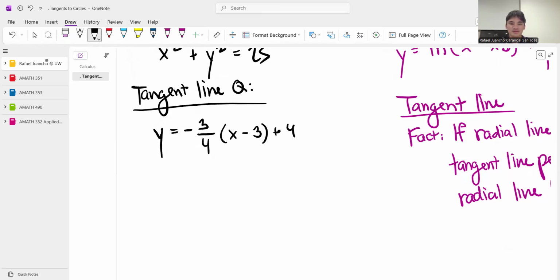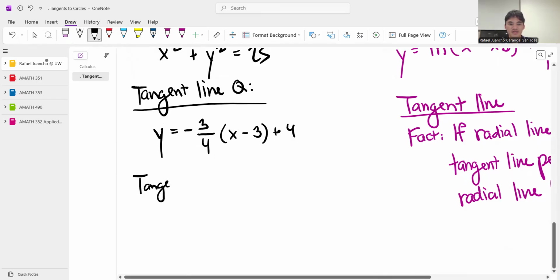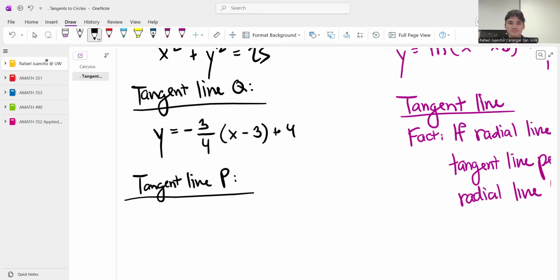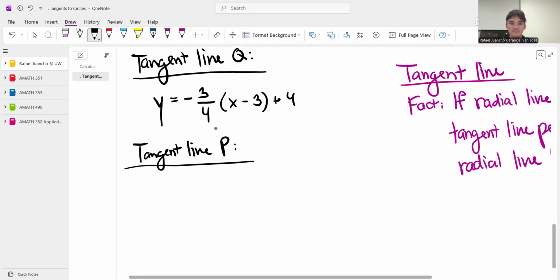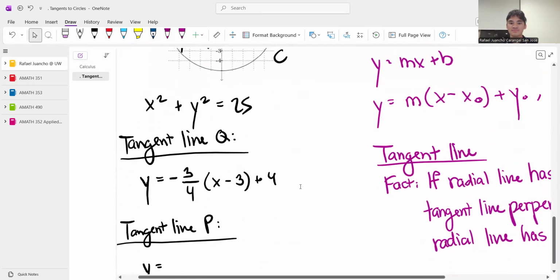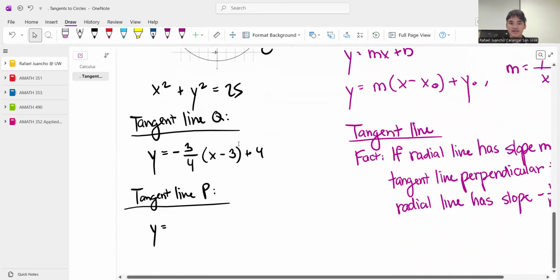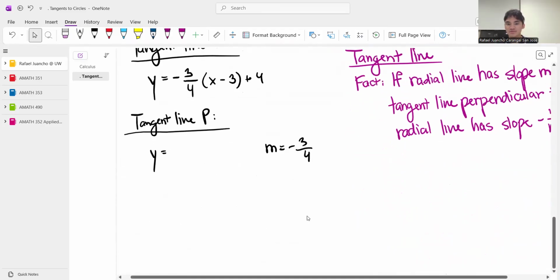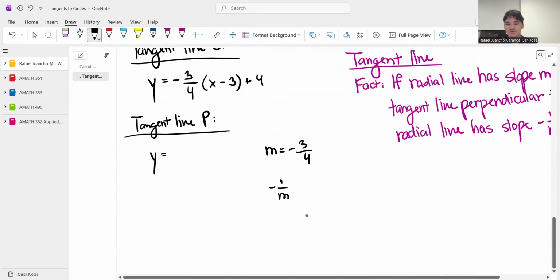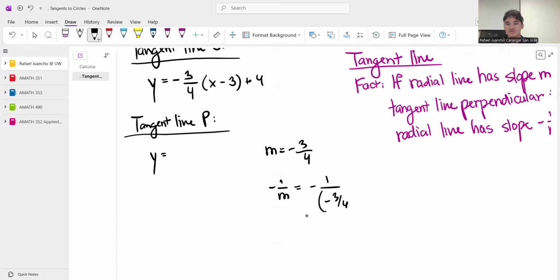Way easier. And same thing for the tangent line for B. So that would be y. So again, we find the negative reciprocal. So we know that the radial line has this slope, negative 3/4. So the slope of the tangent line would be negative 1 over m, negative 1 over 3/4, 4/3.